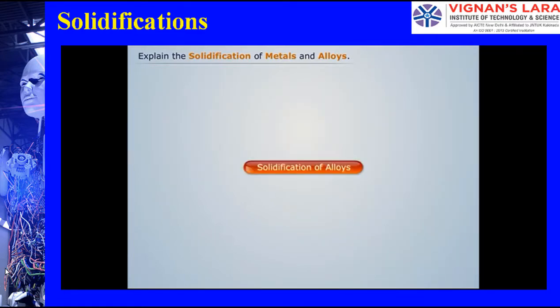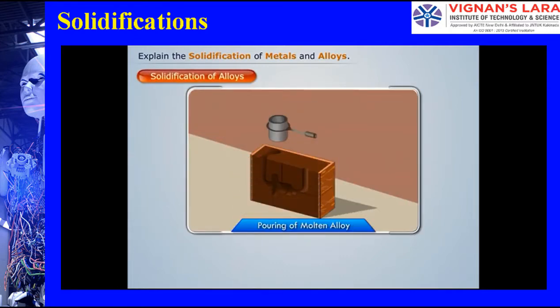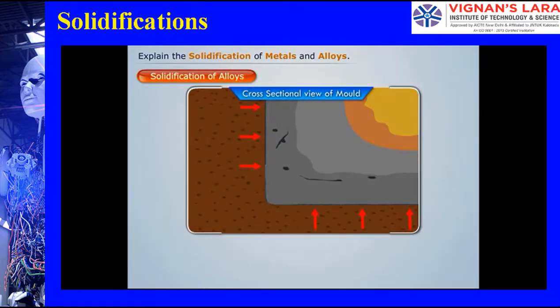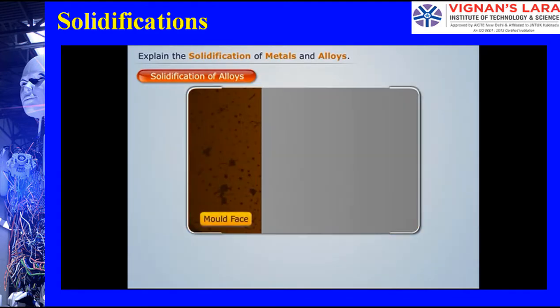Now let's discuss the solidification of alloys. When we pour the molten alloy in the mold, we see that the solidification process takes place in the same manner as in the case of solidification of metals. The only difference is that the crystals formed will have a dendritic structure as shown.